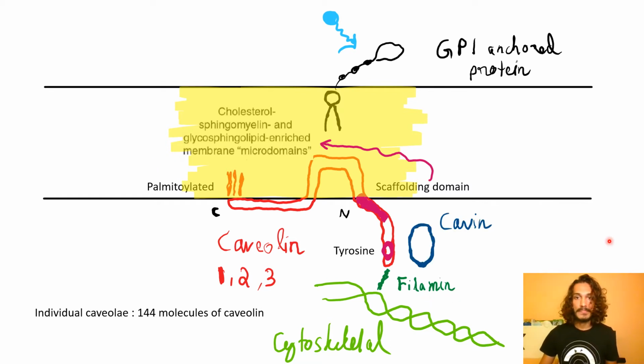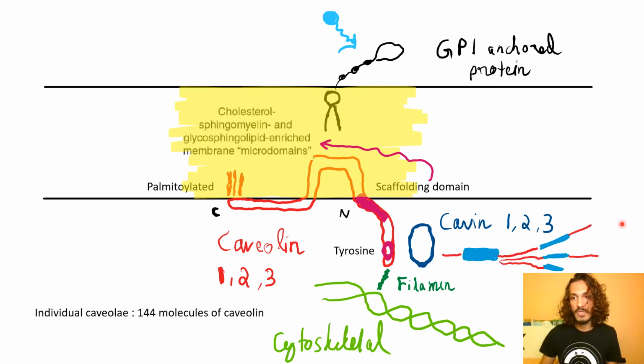Apart from all this, there is a peripheral protein involved called the cavin. This cavin also, just like this, has 1, 2, 3, and each has its own role to play. That unfortunately is beyond the scope of this lecture. There are a lot of details about that.